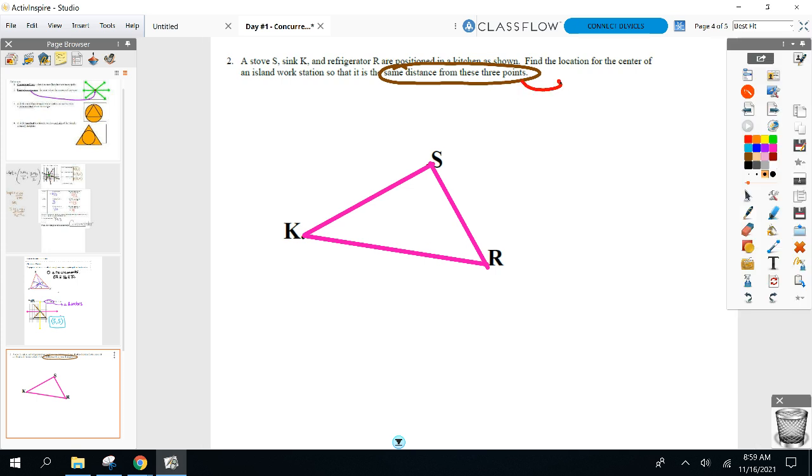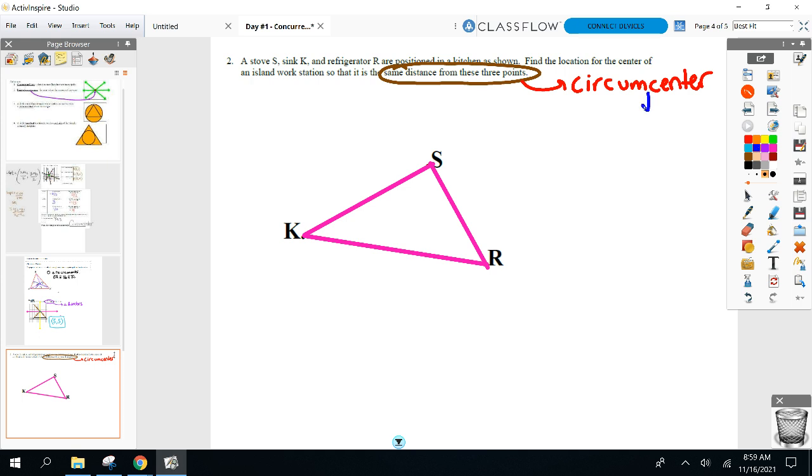This is another way of me saying find the circumcenter. Because that's the point that's going to be equidistant away from those three. Ooh, how are we going to do this? Circumcenter. That's where all three what are going to intersect.